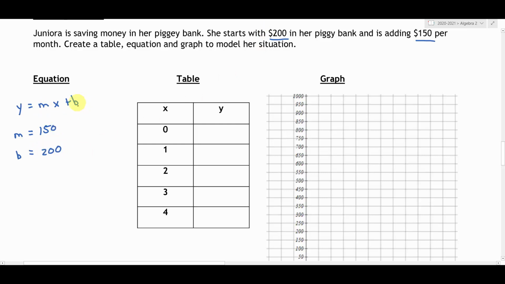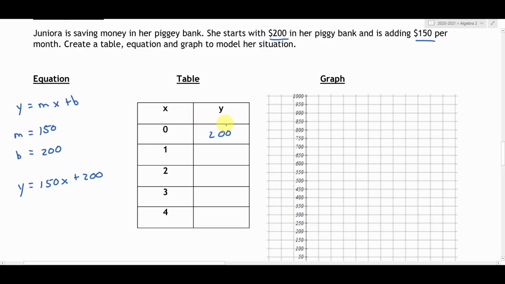So I now have m and I now have b, so I can complete my equation. So I can say y equals 150x plus 200. There's my equation. Now watch what I can do with the equation. Now that I have an equation, I can generate a table. So for instance, I can plug a 0 in for x, and I can evaluate. 150 times 0 is 0. 0 plus 200 is 200.